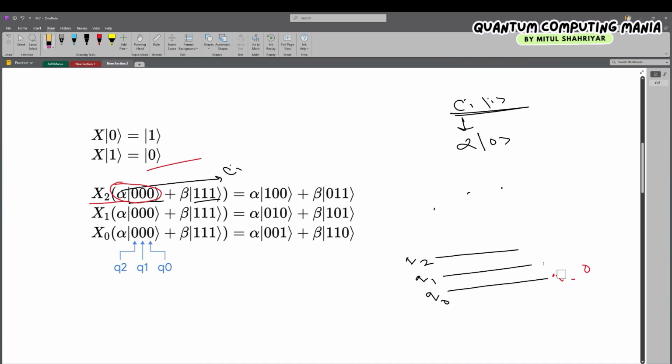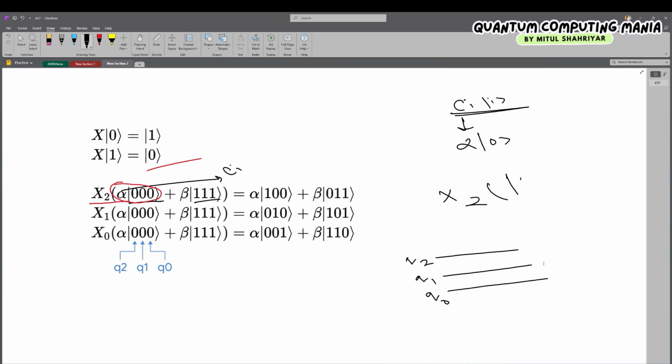Okay, let's go for that. Let's assume that we are applying x2, but prior to that, let's just change it to 1 0 0.